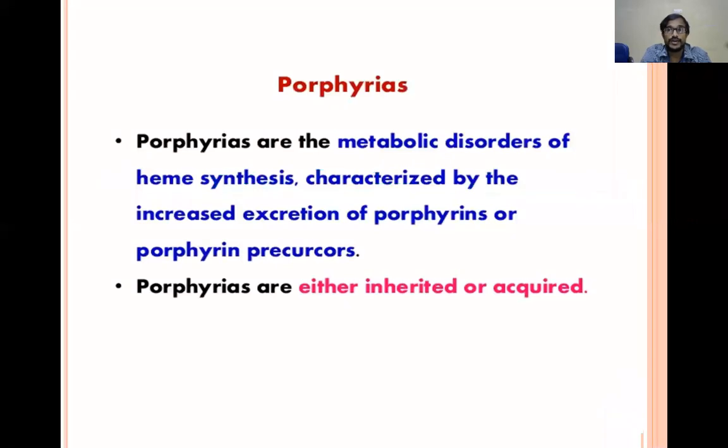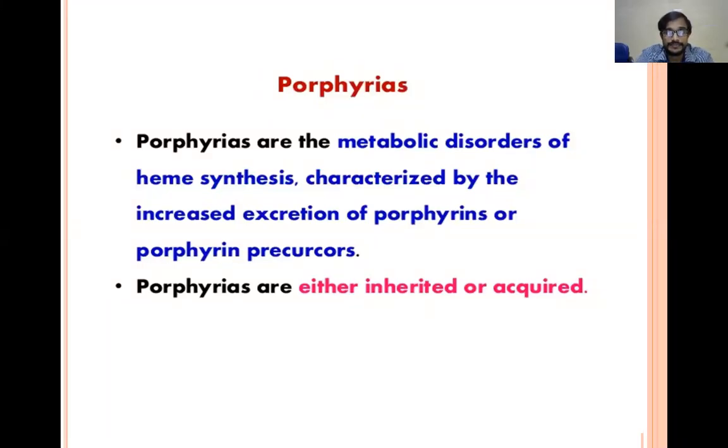Porphyrias are metabolic disorders of heme synthesis characterized by increased excretion of porphyrins or porphyrin precursors. Porphyrias can be acquired or inherited. Most commonly, they are inherited or congenital, and in some cases, they are acquired.